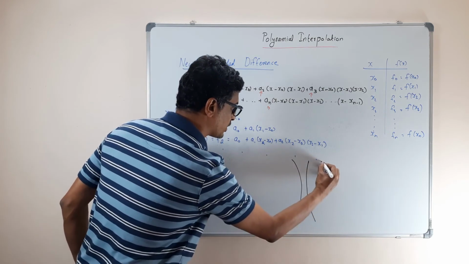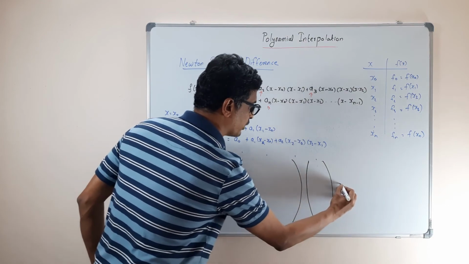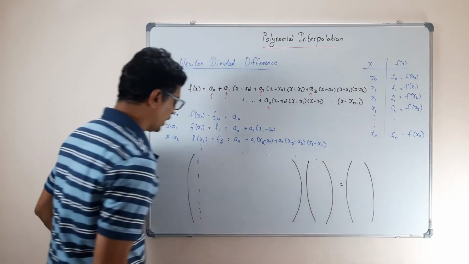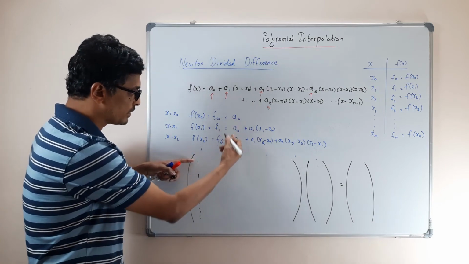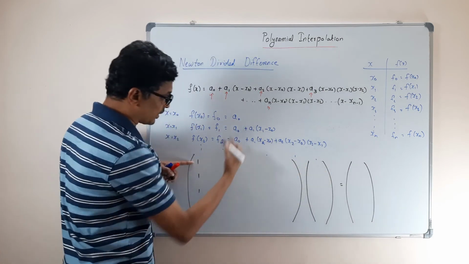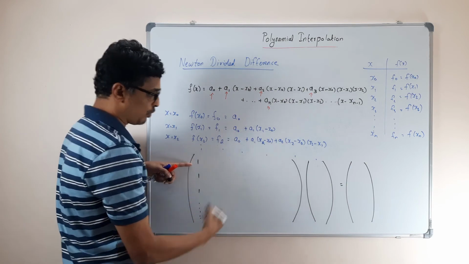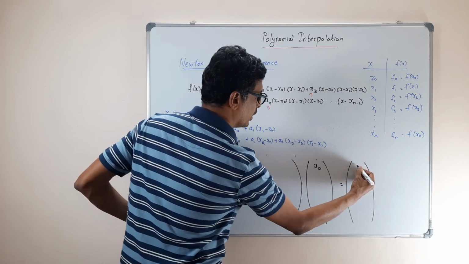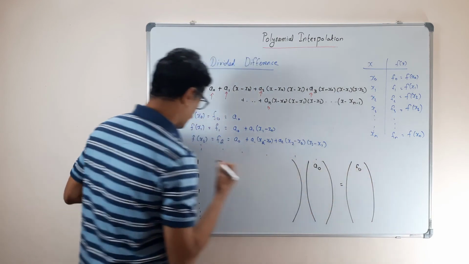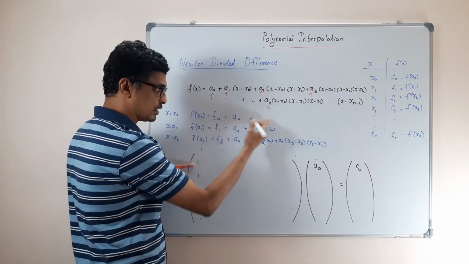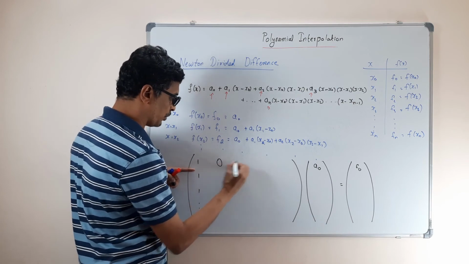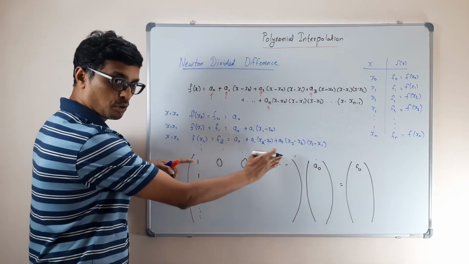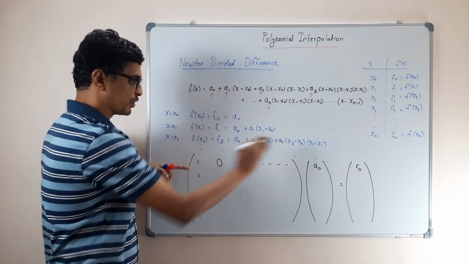And this is the unknown vector, and that should be equal to the right side vector. The first term is always a0, there's no coefficient for a0, so that should be 1, and the right hand side will be f0. For the first row there's no other term, so all these terms will be 0. So the first row will contain only 1 and all other terms are 0.